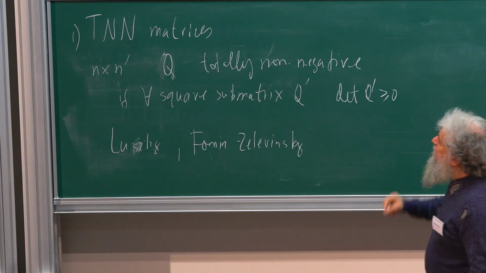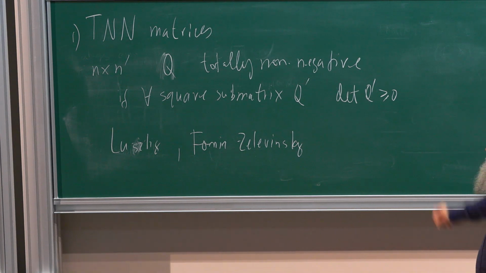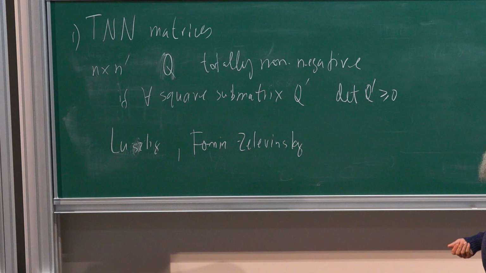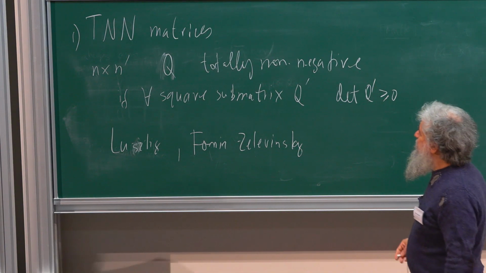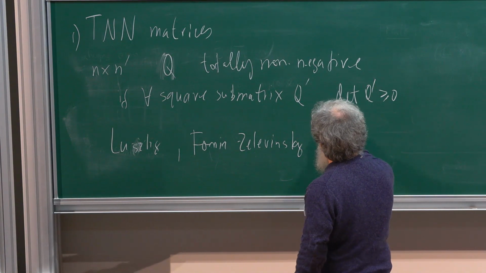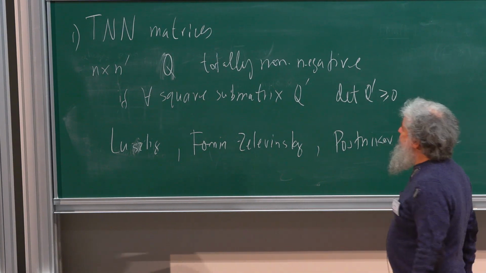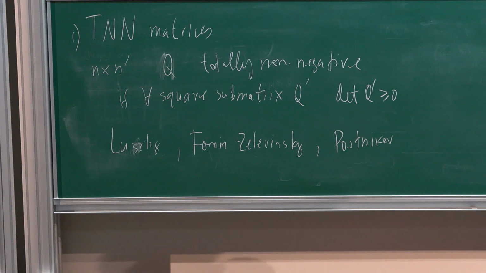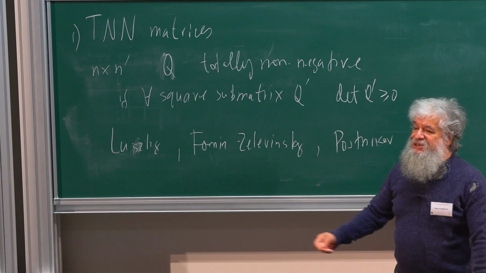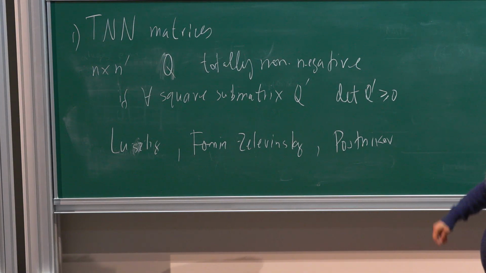Later, Sasha Postnikov studied the combinatorics of Grassmannians, the decomposition of the Grassmannian into so-called positroid cells, which is also related to totally non-negative matrices.